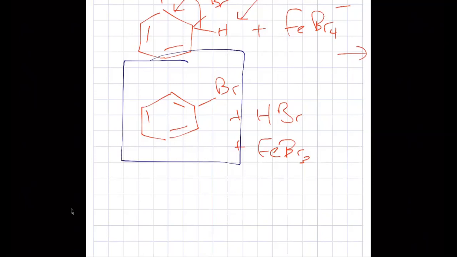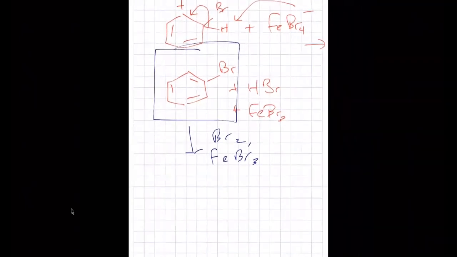What happens if I take that and I add bromine back to it? Again, what do you think is going to happen? I'm only asking this question because I want to see if you understand the directing effects.